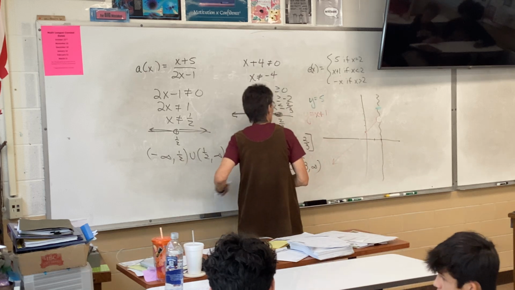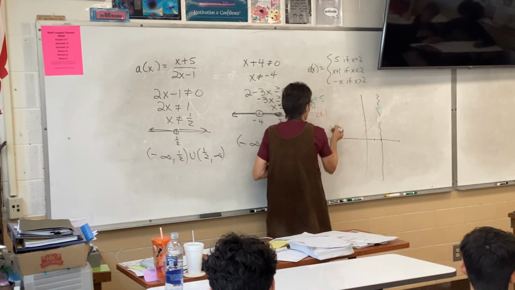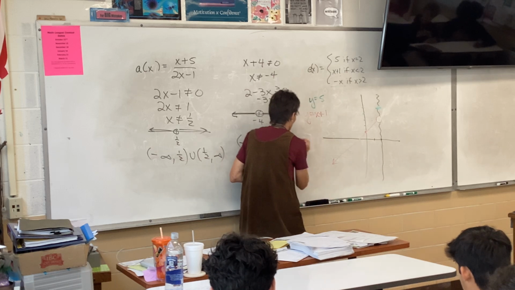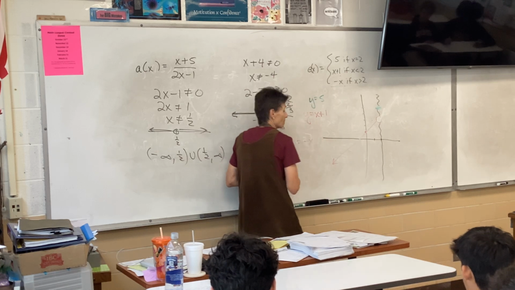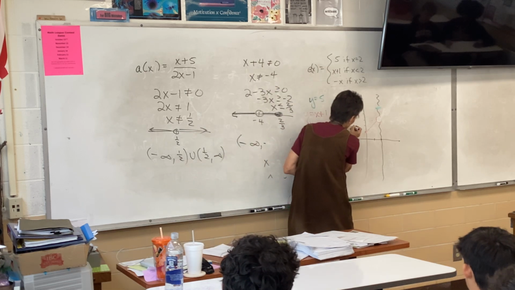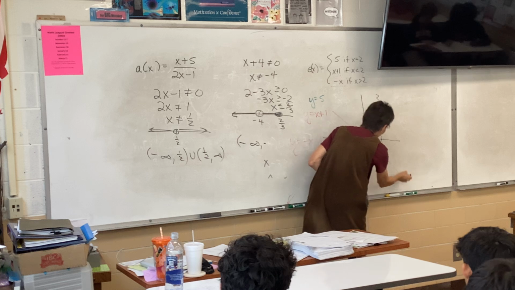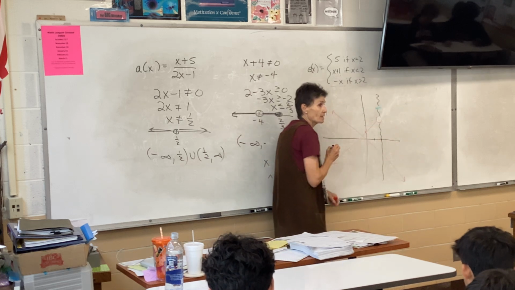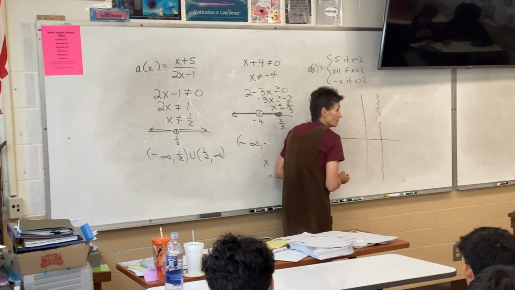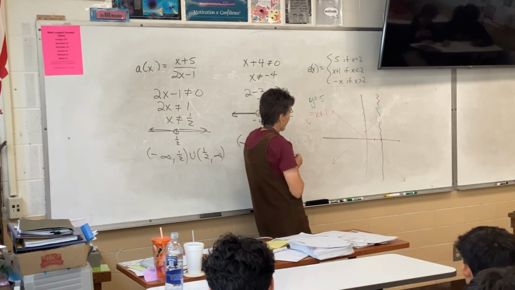And then finally, this one says y equals negative x. This line has a slope of negative 1, so down 1 over 1, down 1 over 1.